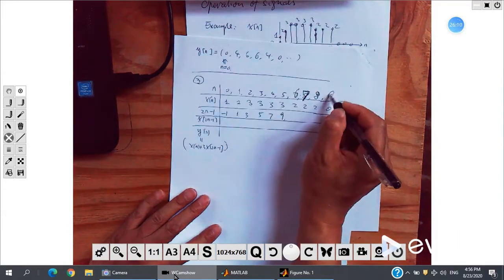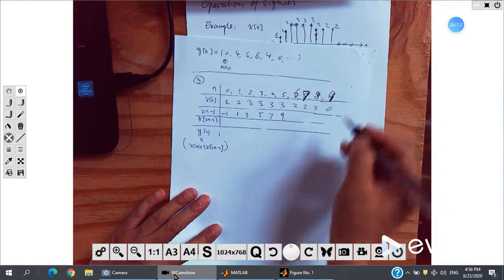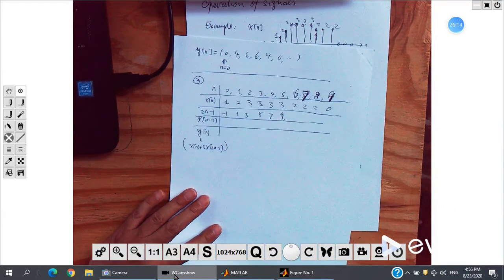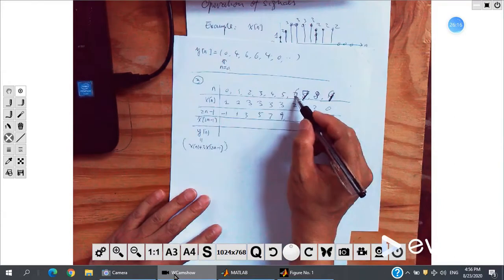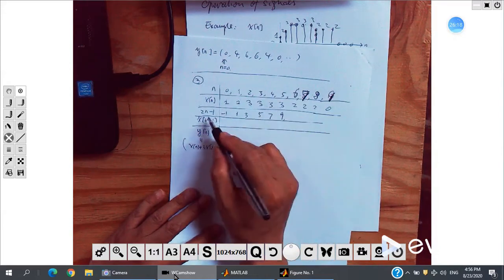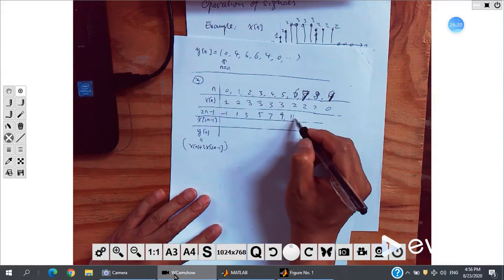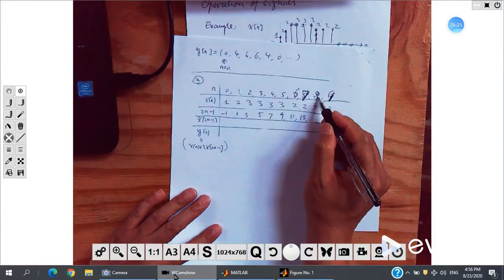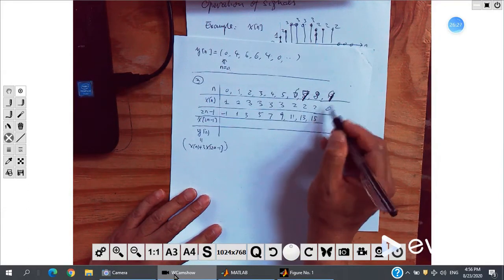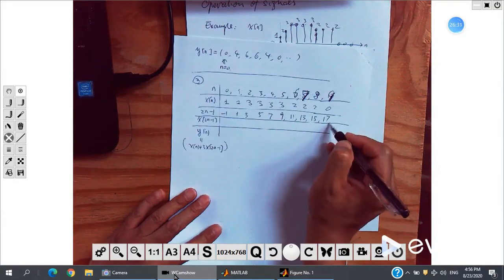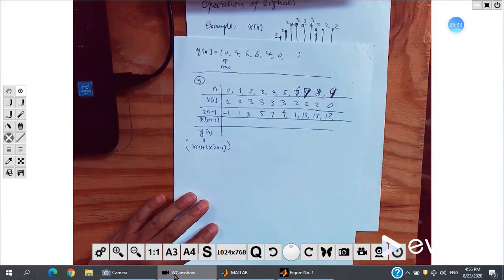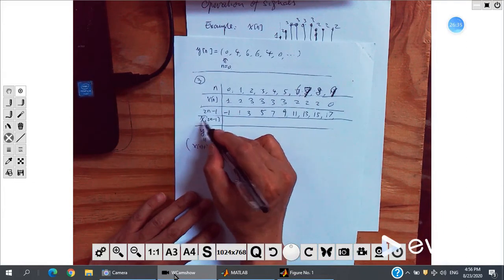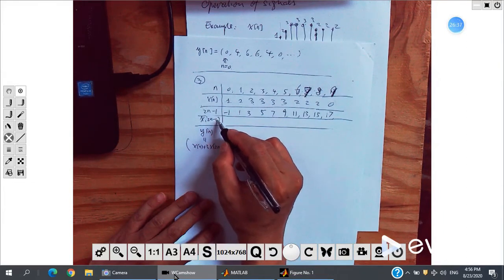This will be 9. I missed that. Missed 1. Okay, 6. 2 times 6 is 12 minus 1, then 12 minus 1 is 11. Then 14 minus 1, 13. And 16 minus 1, 15. Then 18 minus 1, 17. Okay, now it's good.